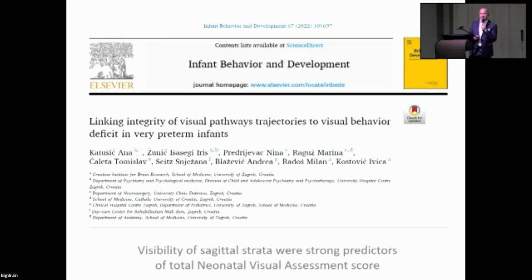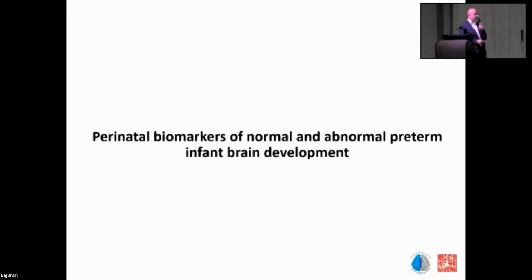This is interesting because this is something that you could analyze on classical structural MRI slices of the fetus. Our idea is to bring this to the neuroradiological community, to make people care about the visibility of sagittal strata, because we think that this is quite a useful parameter.